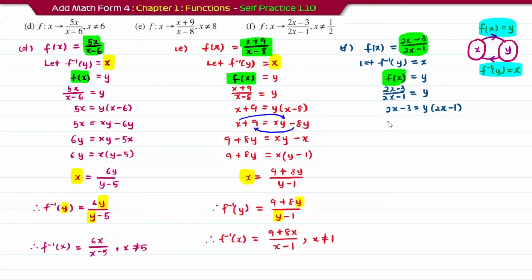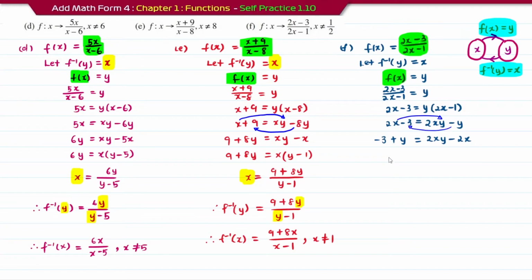So for this part, just do the expansions. So you're going to have 2xy minus y. Next, we are going to collect the x into one side. So for this case, I'm going to move this 2x here and then this minus y to the other side. So next, I'm going to have negative 3 plus y equal to 2xy minus 2x.